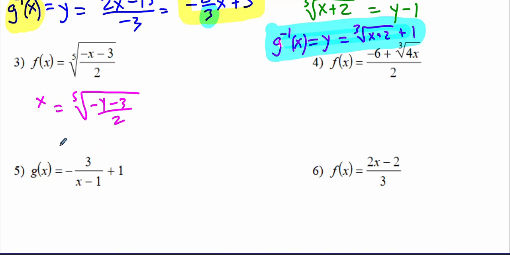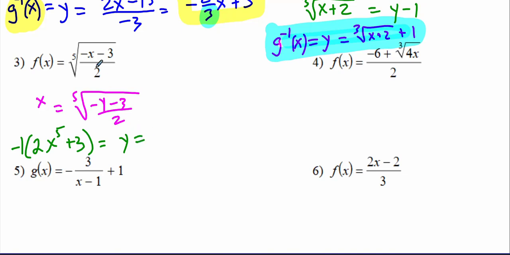So this is going to be, well, let's do it, x to the fifth power. Then I'm going to multiply it by 2, so 2 in front. I'm going to add 3, and then I'm going to multiply by negative 1, the whole side, and that equals y. I'm going to recopy it a little cleaner over here.